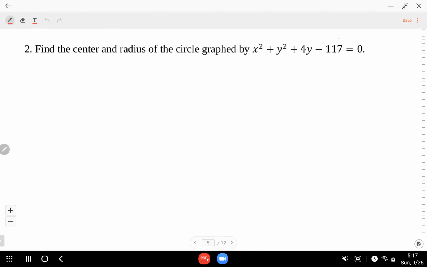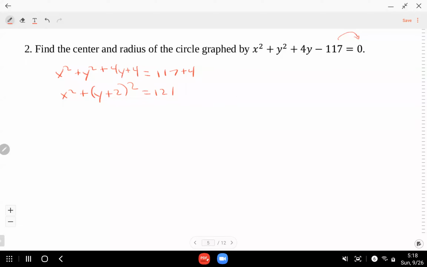We have x squared plus y squared plus 4y equals 117. Now, you need to add something more. That's going to be 4 because you want to complete this square, right? So now you have x squared plus (y plus 2) squared equals 121.